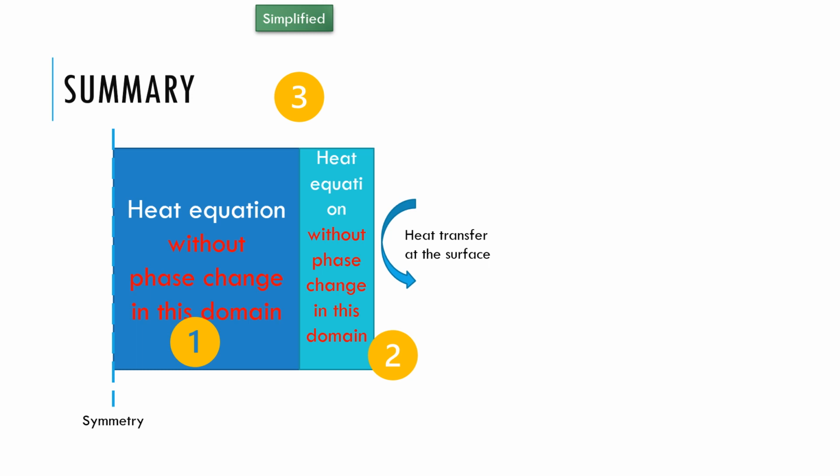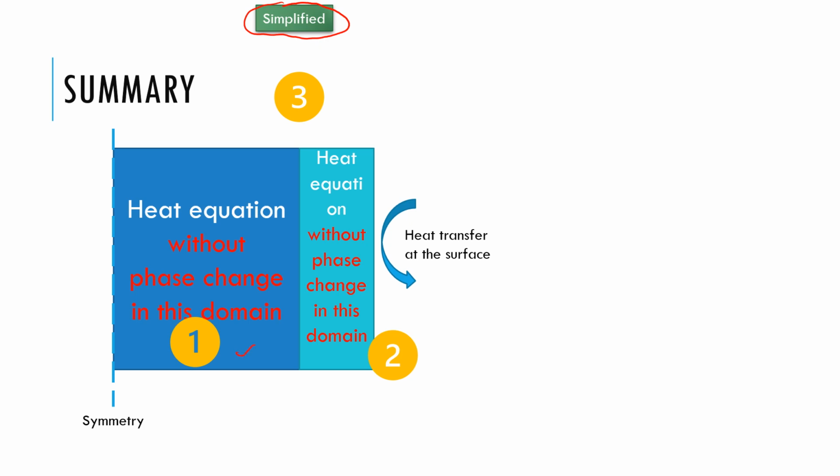So we looked at two different approaches, the main approach and a simplified one. But the main approach itself is a simplified description of phase change problem. And in this approach, we divided the domain where phase change is taking place into two parts.